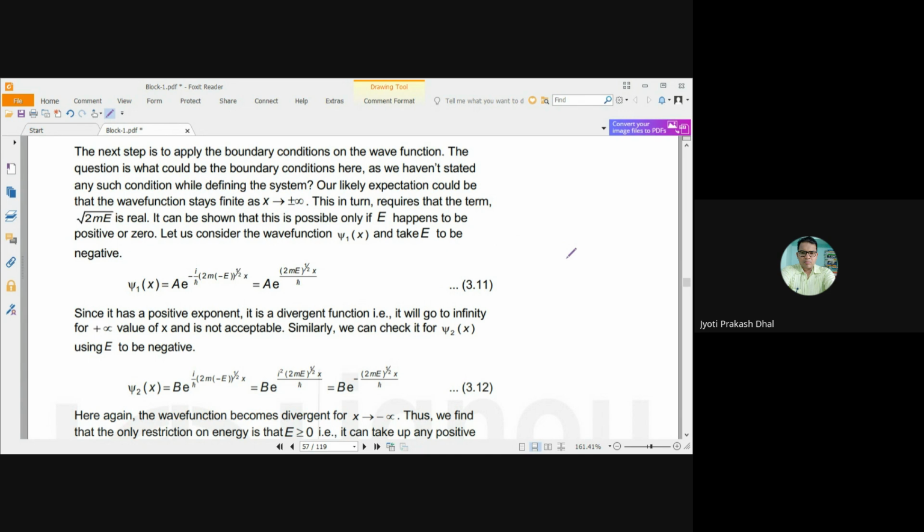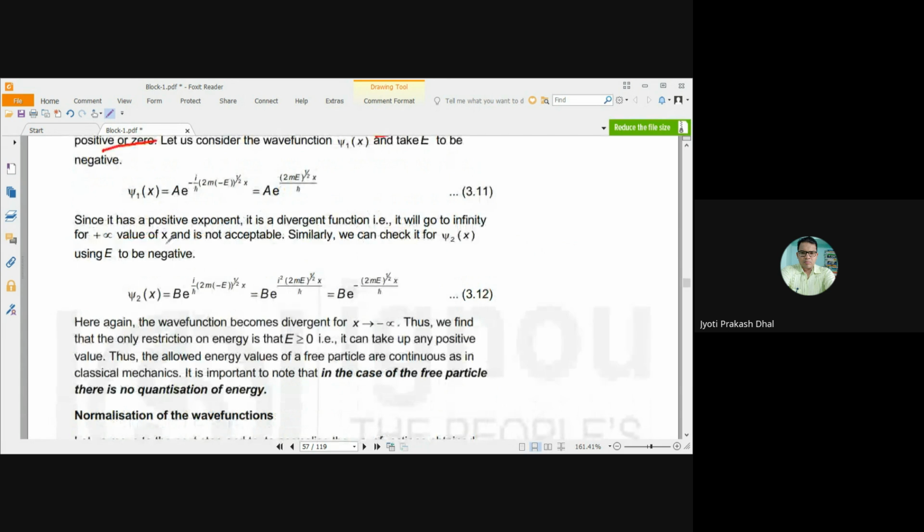Hence the boundary condition of the wave function will be x tends to plus minus infinity. This requires that the square root of 2mE should be real. It can be shown that this is possible only if E happens to be positive or 0.